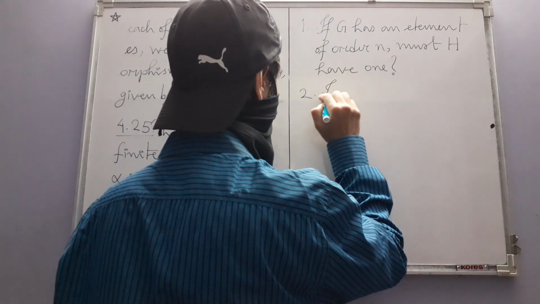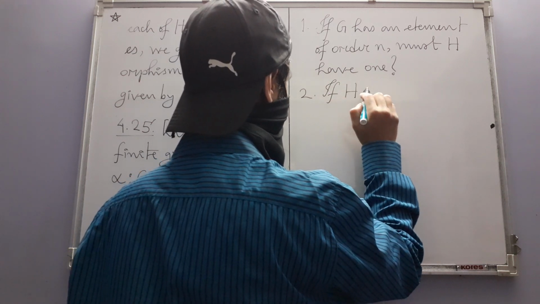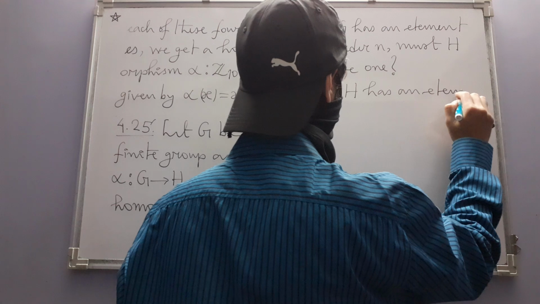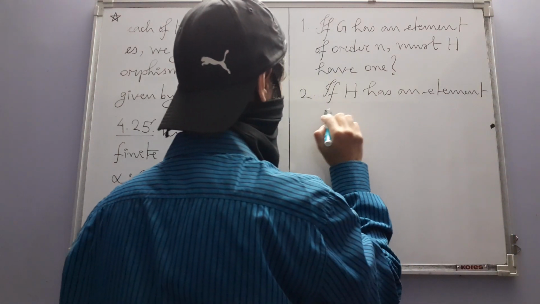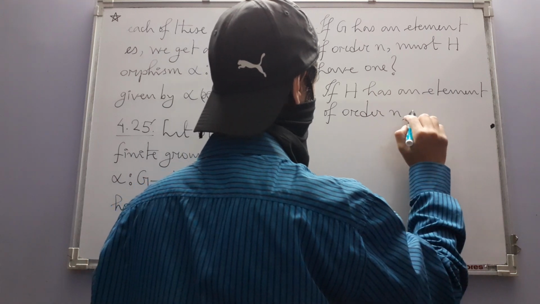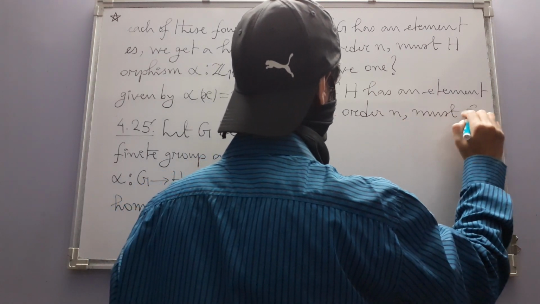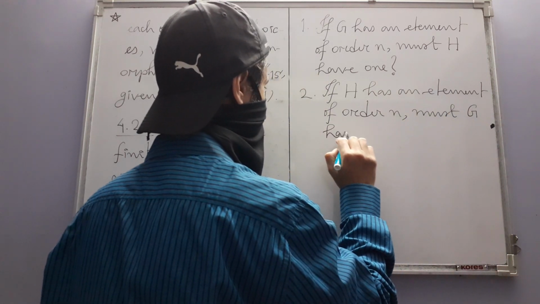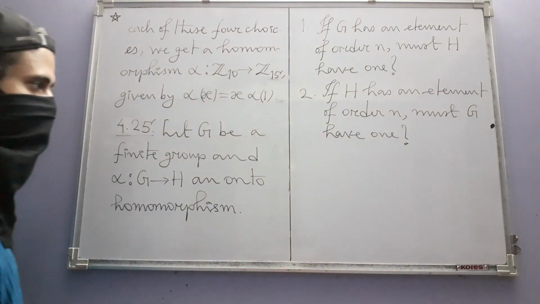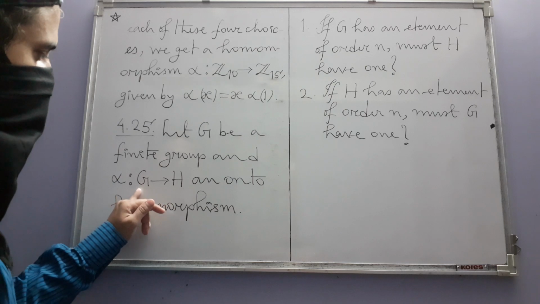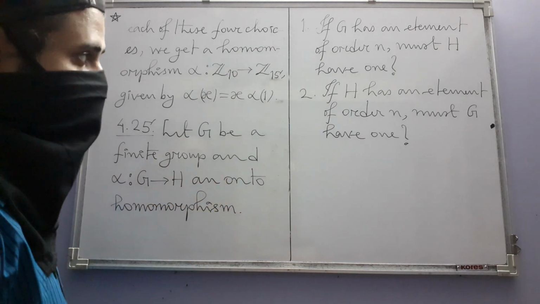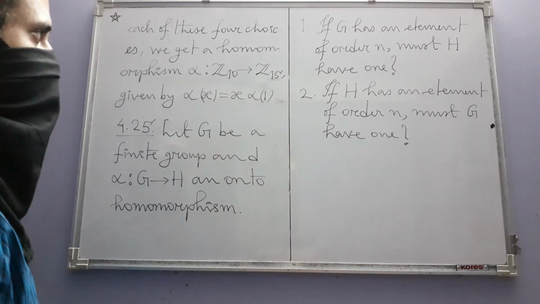If H has an element of order n, must G have one? So what is given to us? It's given to us that this is a homomorphism fine, but an onto homomorphism, a surjective homomorphism.